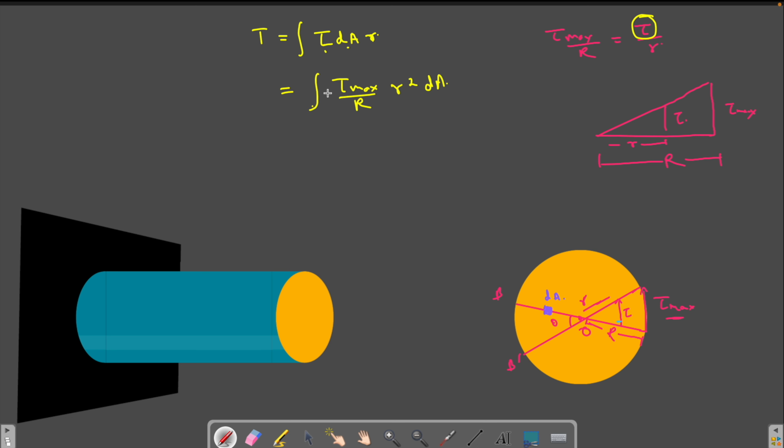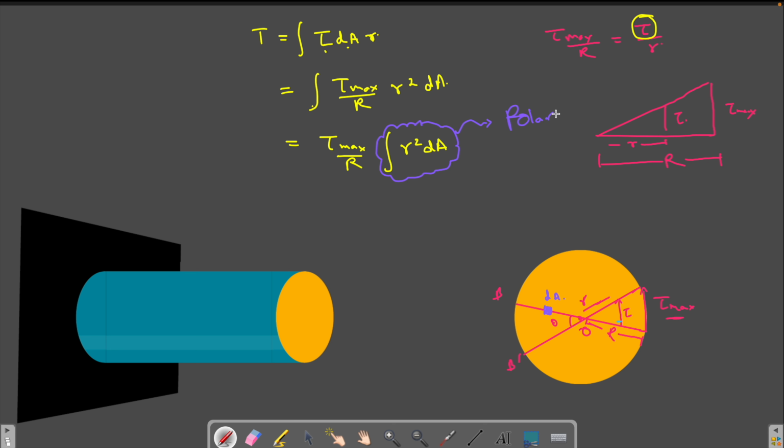Now this maximum shear stress and capital R is constant. So we will take it out of the integration, and it comes out to be tau max by R integration of small r square dA. Now this quantity small r square dA, integration of this is nothing but the moment of inertia. But this moment of inertia is polar moment of inertia.